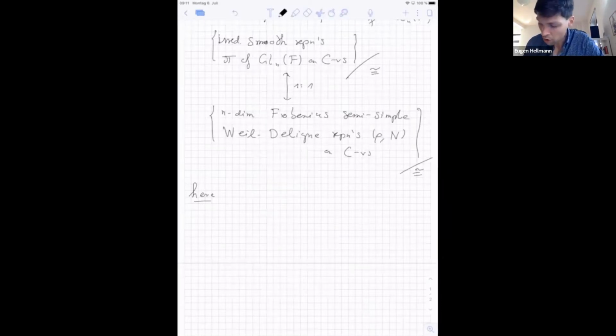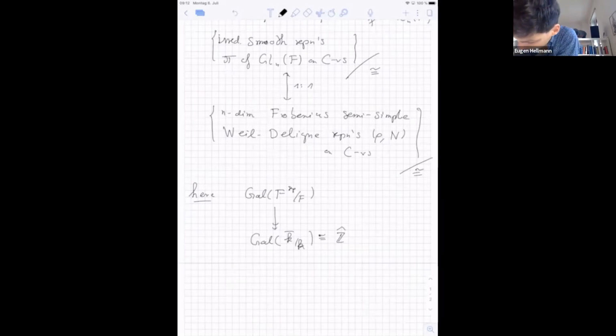They are almost something like Galois representations. So we start with the Galois group of F, which has as a quotient the Galois group of its residue field, which is known to be isomorphic to the profinite completion of the integers, which contains the integers itself.